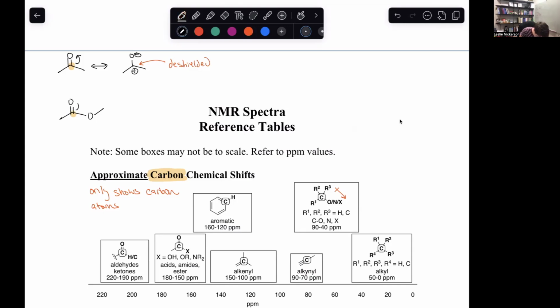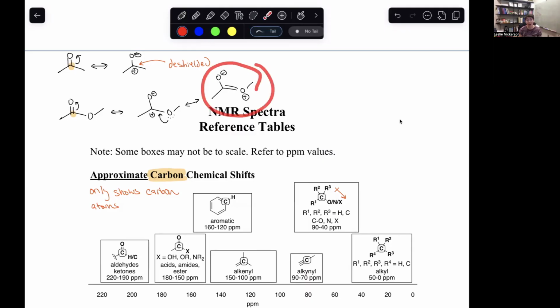Okay, if I look at my ester resonance, I can see something similar. I do have the carbonyl oxygen pulling away, but if you look at this other oxygen here, I have another resonance structure where I can push electrons in towards that carbon. So this resonance structure is actually helping me lessen the effect of that de-shielding a little bit, because we've got something that's putting electron density in.